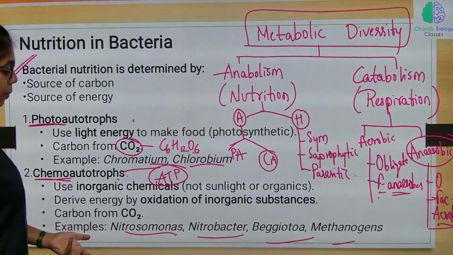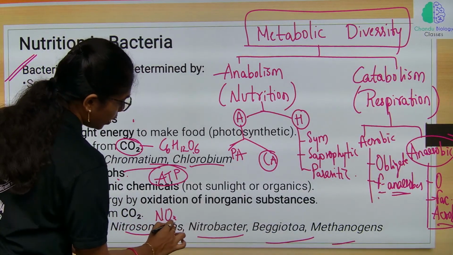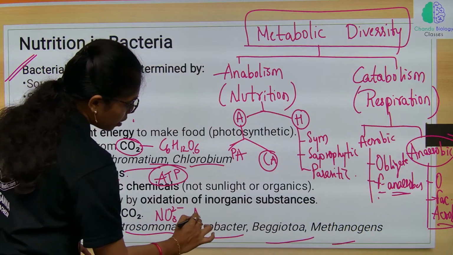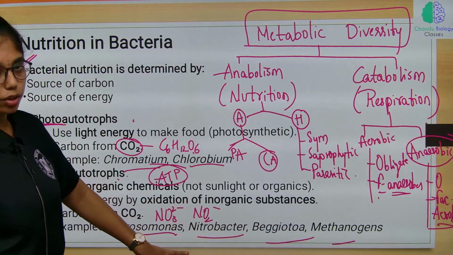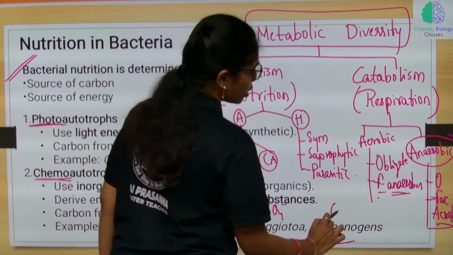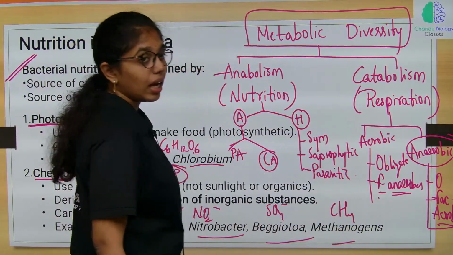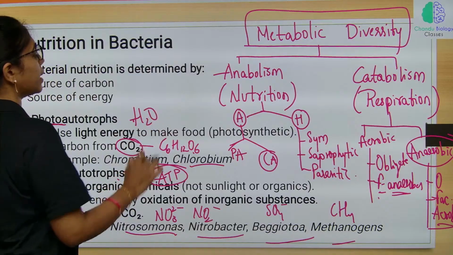So, what will be the electron donors here? Nitrosomonas, Nitrobacter, nitrates and nitrites will be the electron donors. Beggiatoa, sulfates will be the electron donors. Methanogens, methane will be the electron donor. In photoautotrophic nutrition, water will be the electron donor.